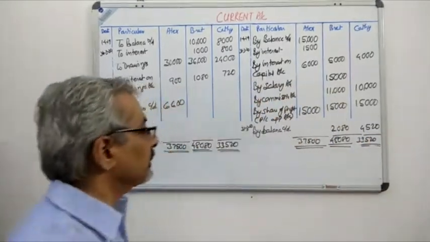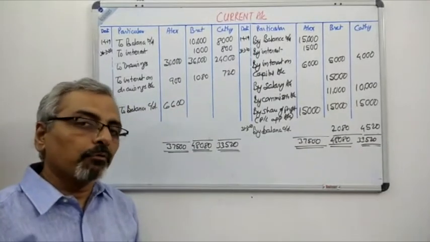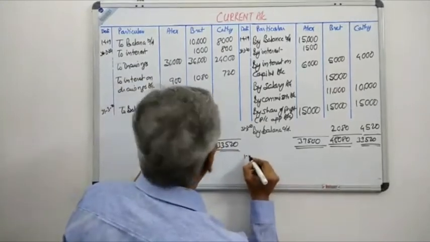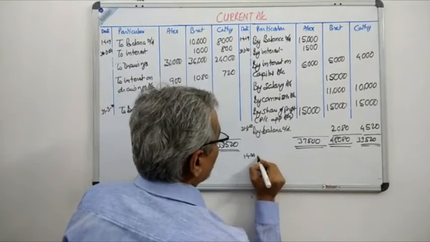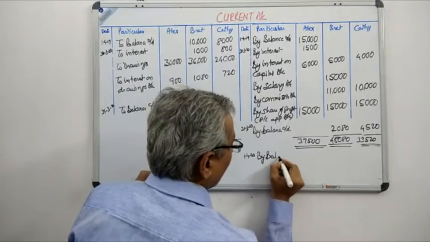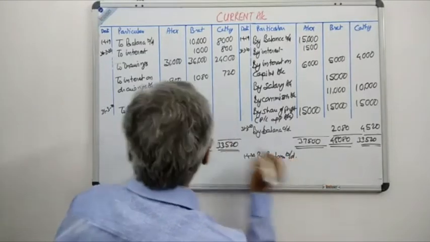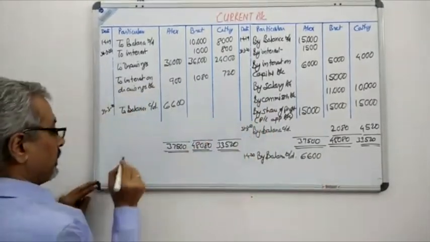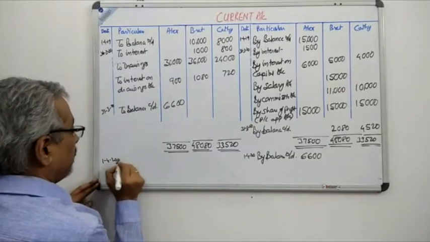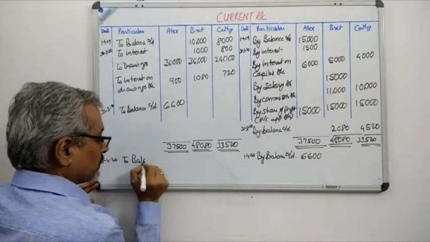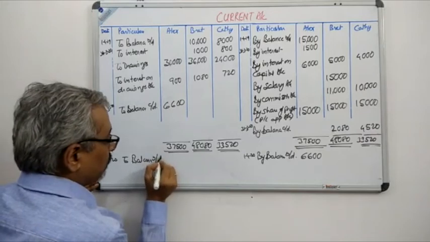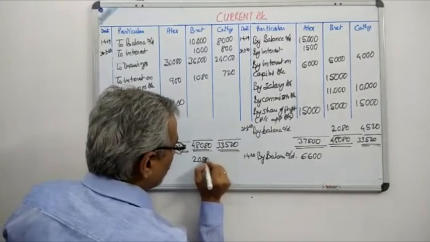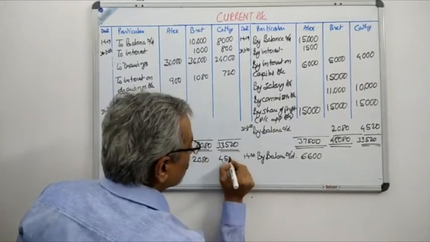Now after getting the balance, this is not over yet, you know it. We have to do the next step, that is the transfer step. So we are transferring the balance. The date is 1st of April 2020, by balance brought down for Alex 6,600 positive balance, and on 1st of April 2020, balance brought down for Brett and Kathy negative balance 2,080 and 4,520.